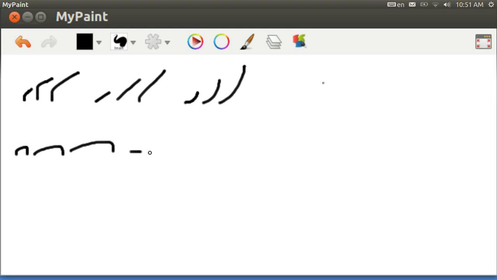Straight, longer, longest, counterclockwise. You might notice that these are like mirror images of the first three. And then up here, these are kind of like mirror images of these, sort of, kind of, right?